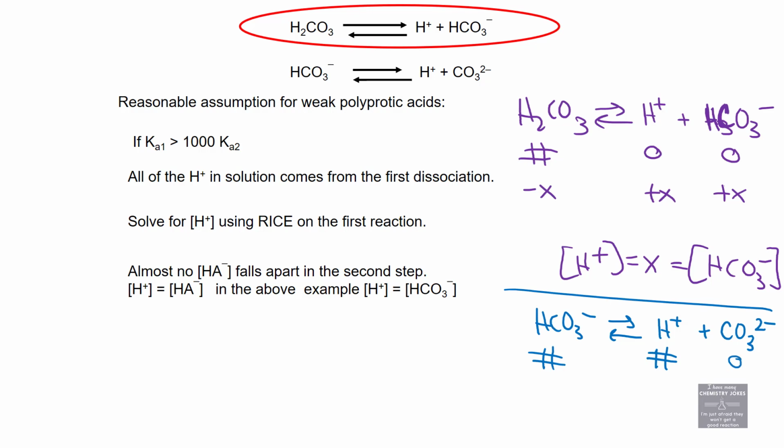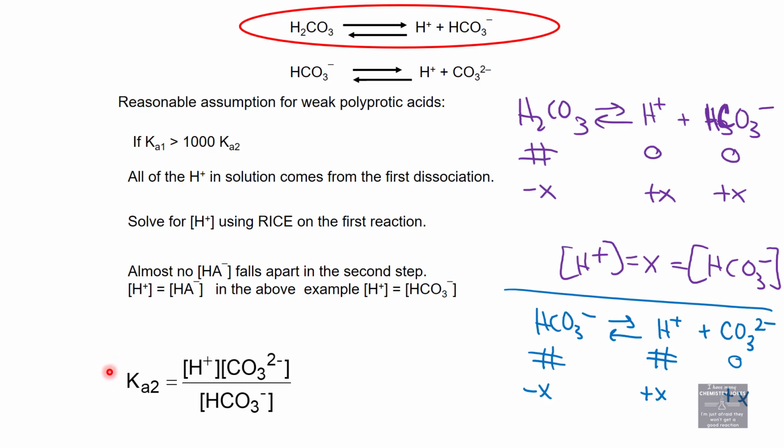So at the end of this table, we would have a minus X and a plus X. So the concentration of H plus is whatever it was up here, plus X, and the concentration of bicarbonate would be whatever number it was up there, minus X. Well, if Ka2 is tiny, that means X is also tiny. So that means this number and this number remain about the same.